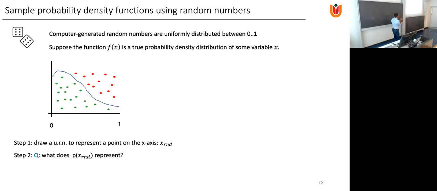And if I would now calculate f of x random, what would that be? Uniform random number: what the computer will give you is a random number between 0 and 1, and each value is equally likely in that interval. That's what the computer gives you.